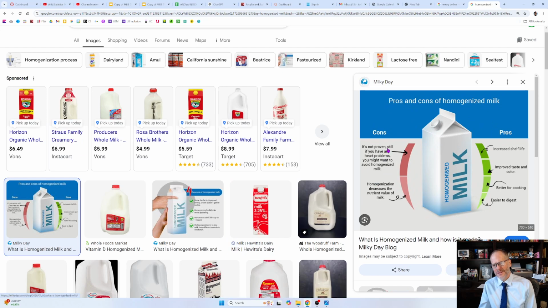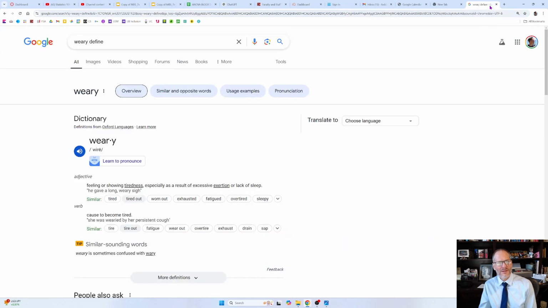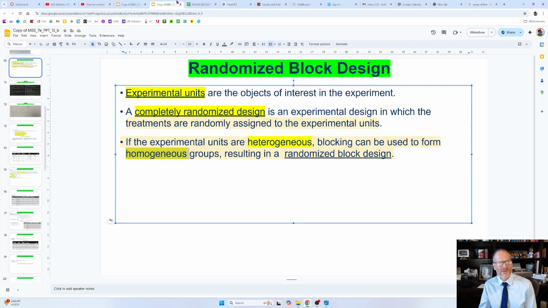Anyhow, it makes the milk more the same all the way throughout, getting rid of any little bugs, potentially even healthy stuff. And heterogeneous means that it's different.